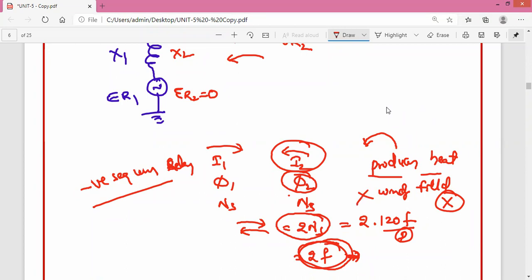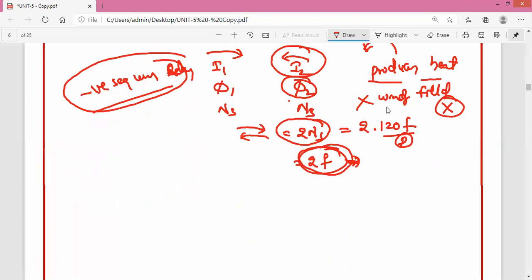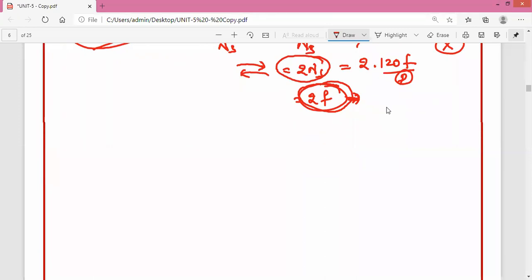So we place a negative sequence relay on the generator terminal side to avoid this.